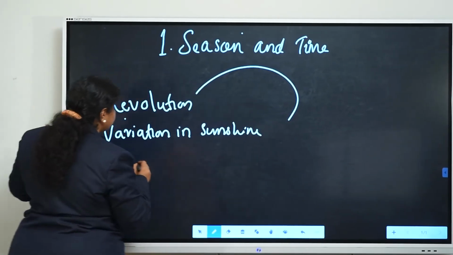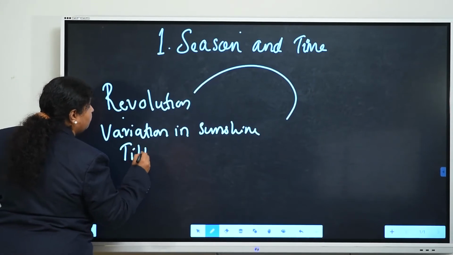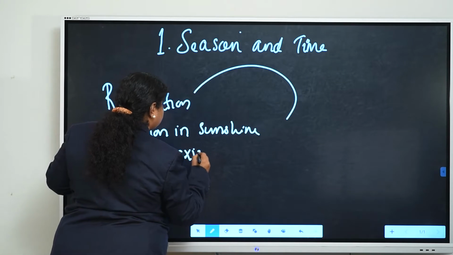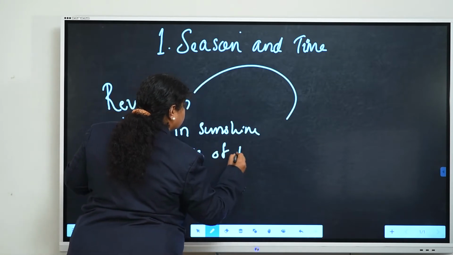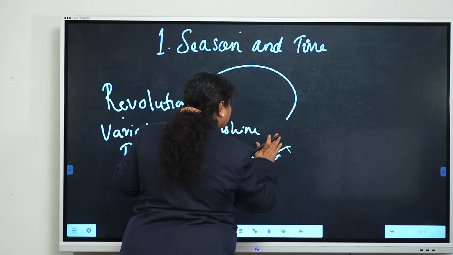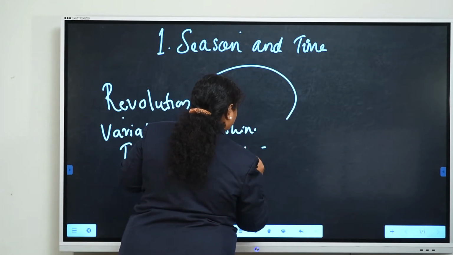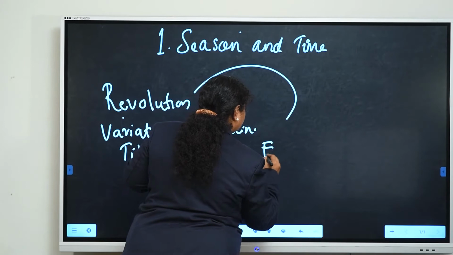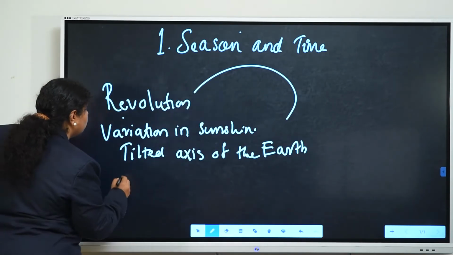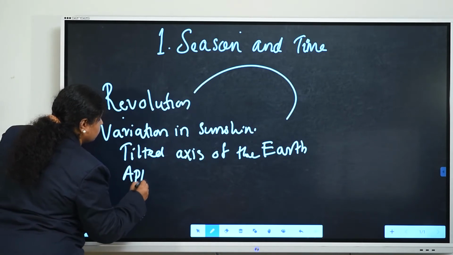Then the tilted axis of earth, and the apparent movement of the sun.